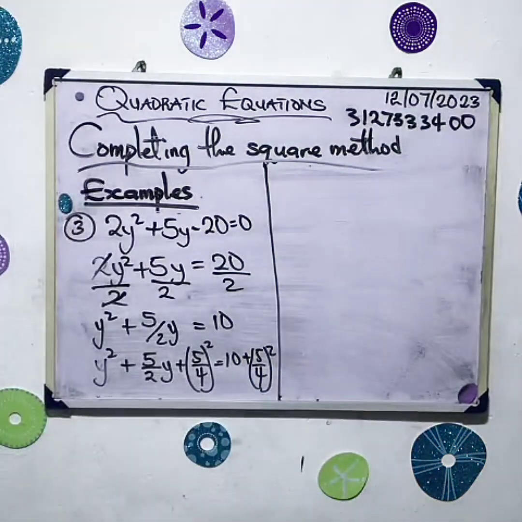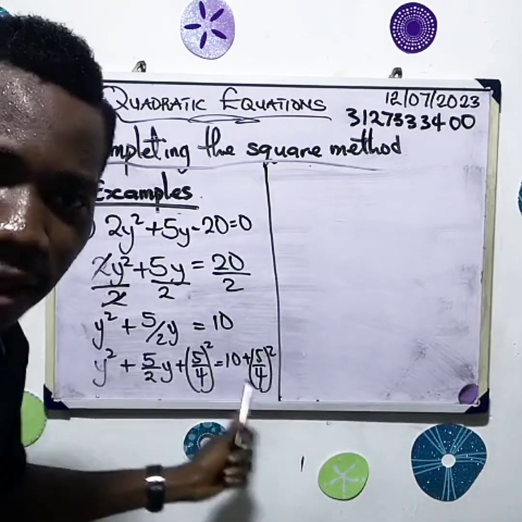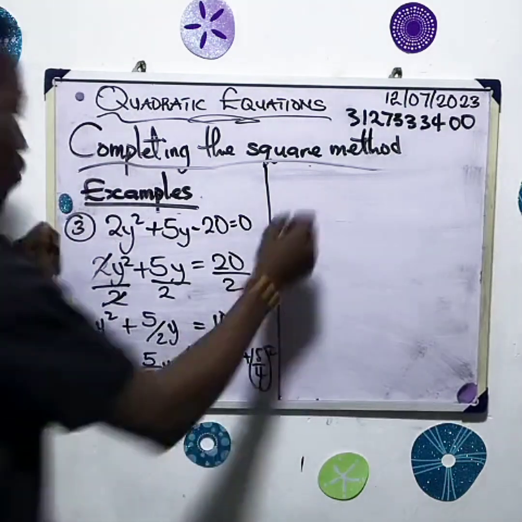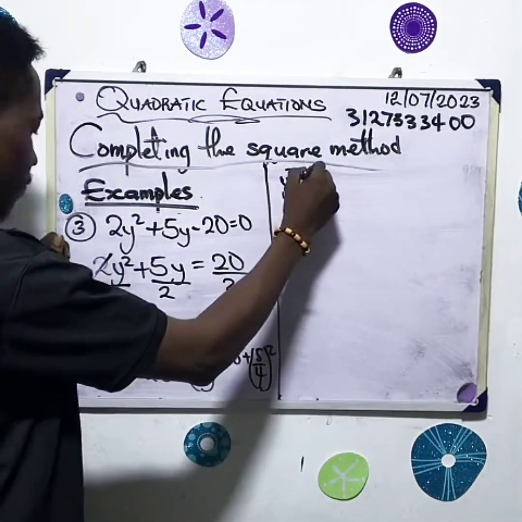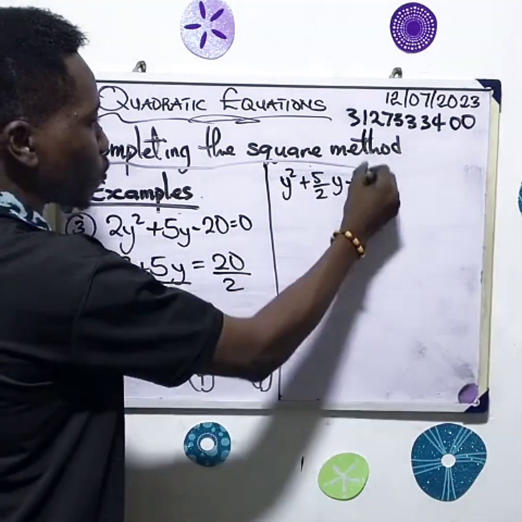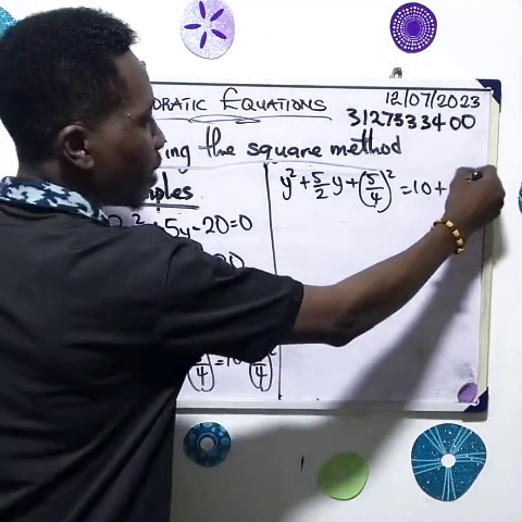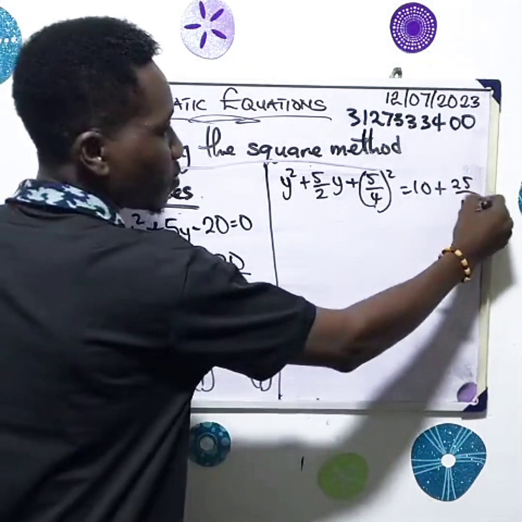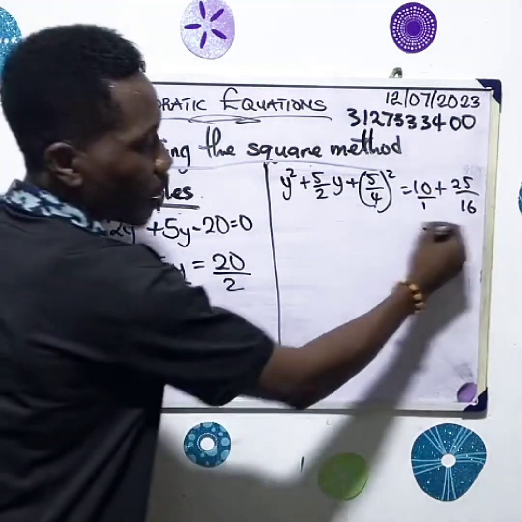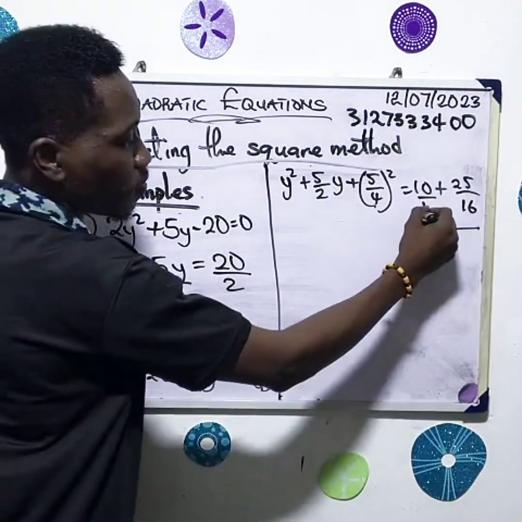Now, let's solve what we have here. 5 squared is 25, 4 squared is 16. So we have y squared plus 5 over 2y plus 5 over 4 all squared equals 10 plus 25 over 16. 10 is the same thing as 10 over 1, the LCM is 16. 16 divided by 1 is 16, 16 times 10 is 160.